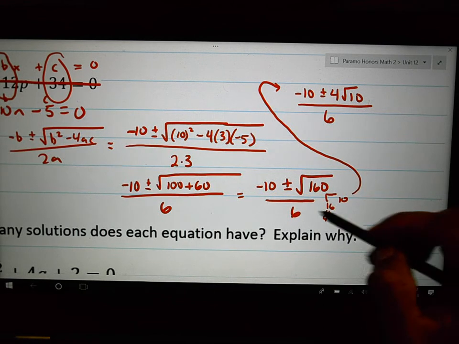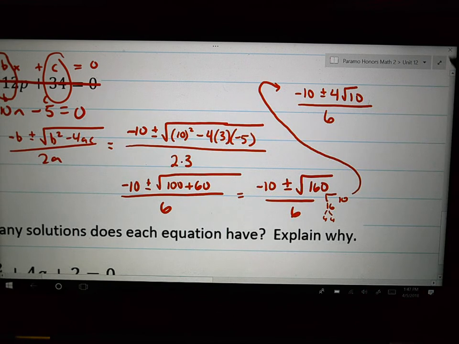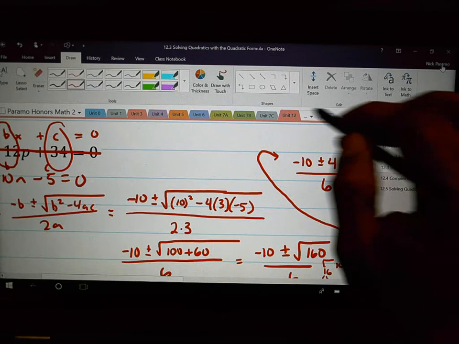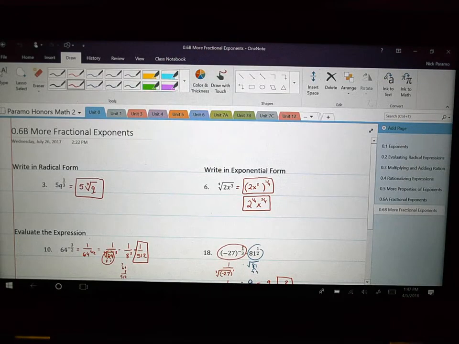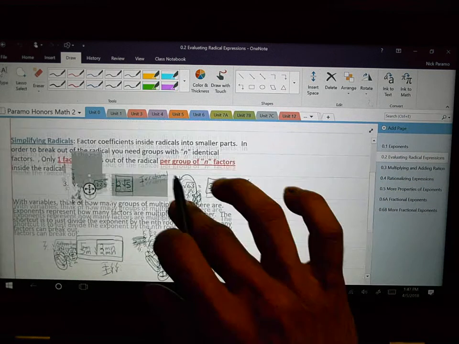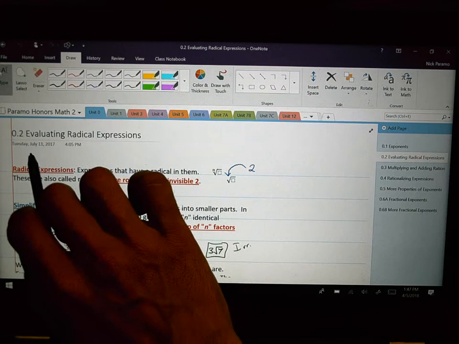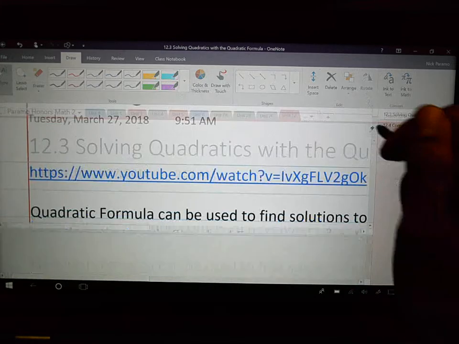If you do not remember this, this is going back into radical form. It literally comes when we had to simplify radicals. Is it unit 0? Oh, simplifying radical expressions. I think we had these ones. 0.2. If you've forgotten it, that's where it comes from.